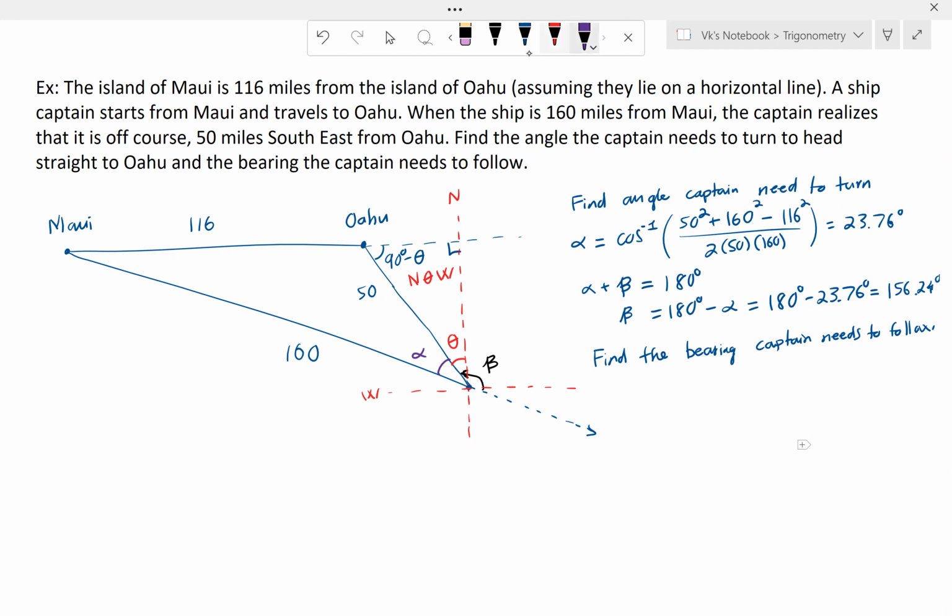And this other angle right here, we don't know what it is, so we can call it C. C plus 90 degrees minus theta equals 180 because that's a straight line. So we have to figure out the angle C.